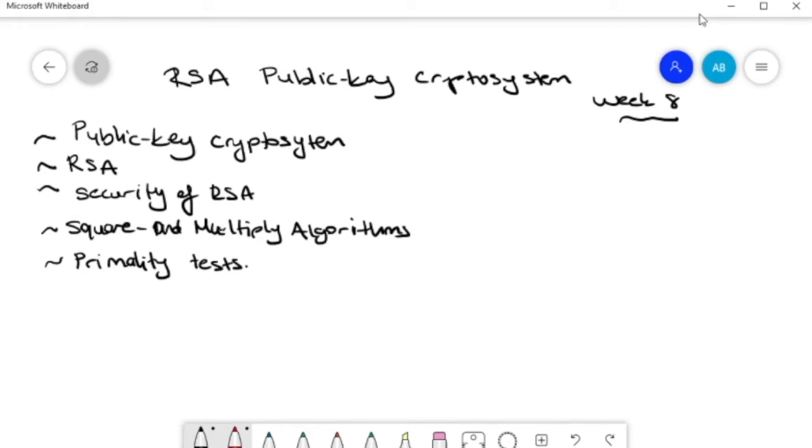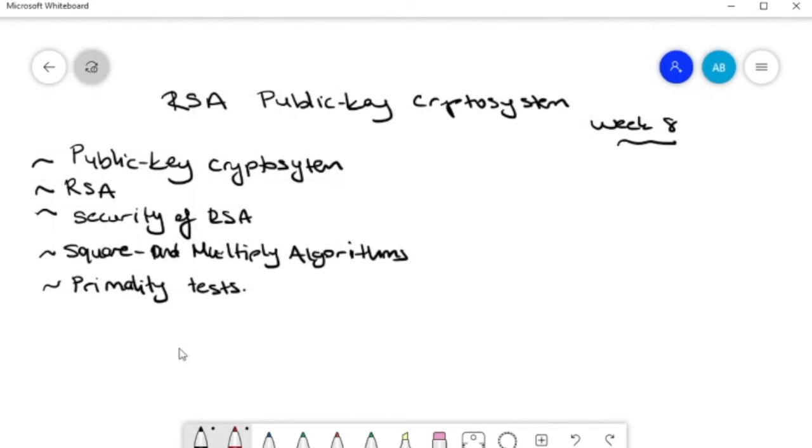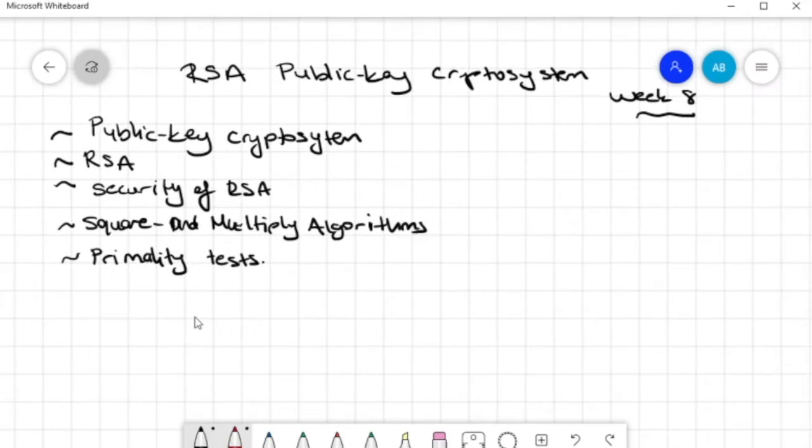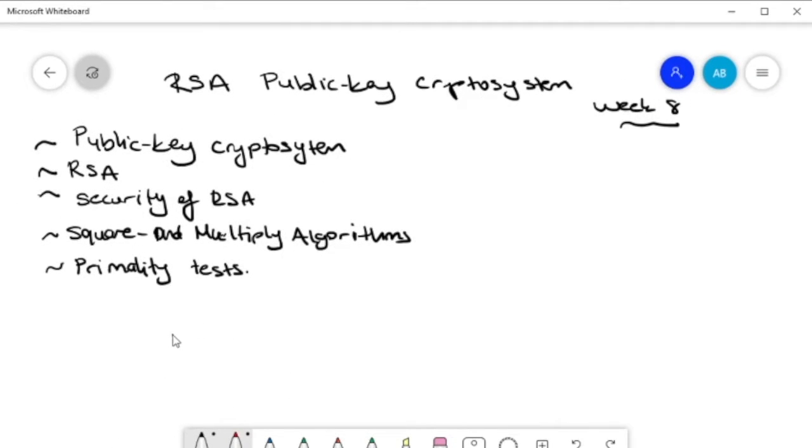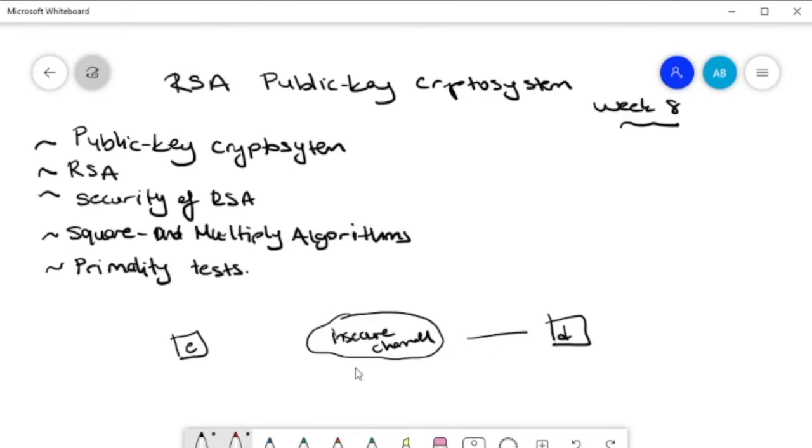We saw until now symmetric key crypto. It's like this. We have an encryption scheme, and there is an insecure channel. And there is a decryption algorithm, and we have plaintext, which is encrypted with a secret key, and we obtain ciphertext and send it through an insecure channel.